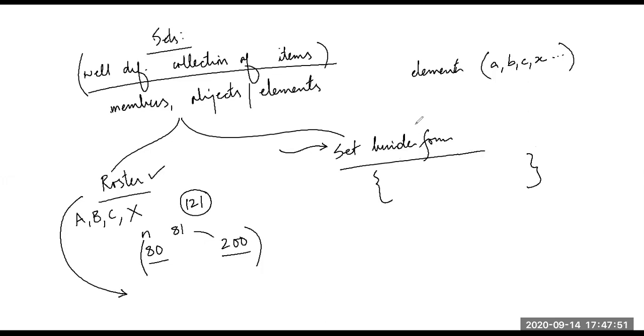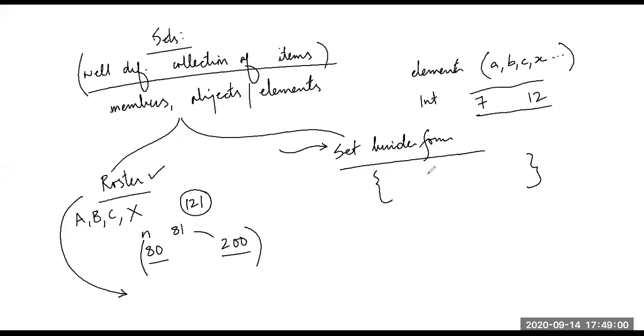Let's say we want to define a set for all the integers between 7 and 12. All the integers between 7 and 12. All right, students. So if I want to represent this in set builder form.